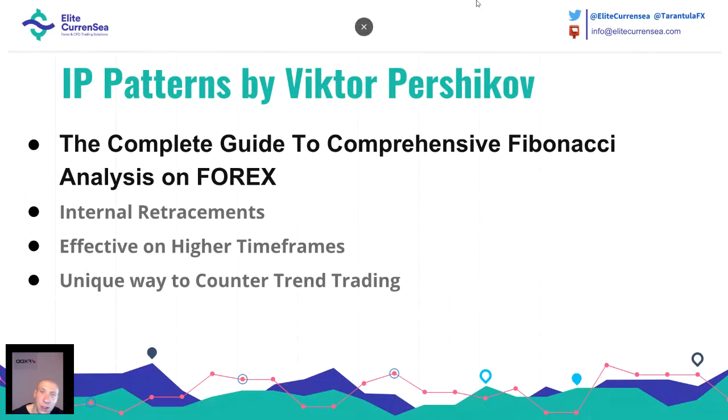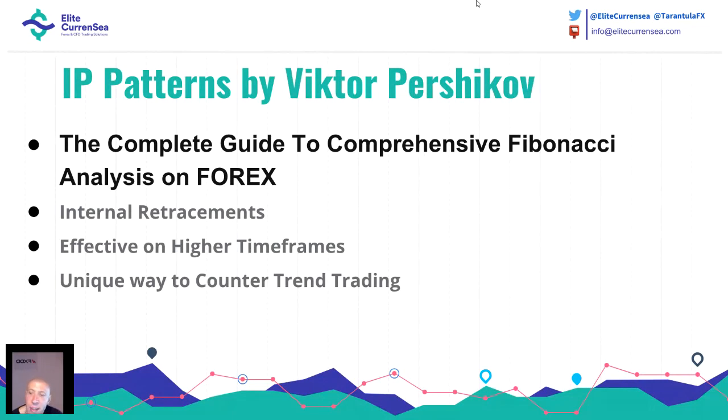I have found personally that it is most effective on higher time frames. So I will recommend it on either 4-hour or at least 1 hour. That is the lowest time frame where you might be searching for internal retracements. 4-hour, however, produced also very, very good results in my back testing. So you might be also looking at 4-hour.